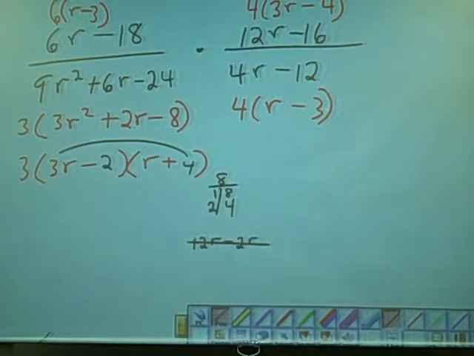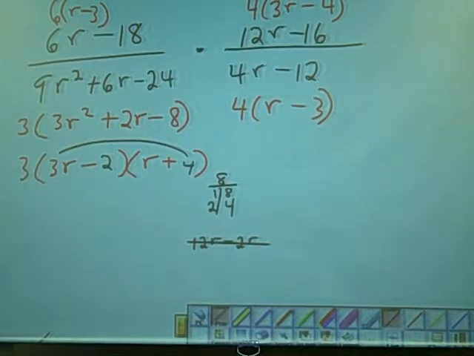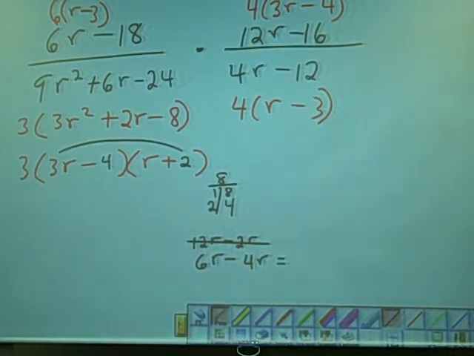All right, so what else can you do? Move those around. Switch the 2 and the 4 and try again. So we switch places for the 2 and the 4. And now let's see, 3 times 2, that's plus 6r and minus 4r. And we get 2r. And does that check? Yeah, that checks.